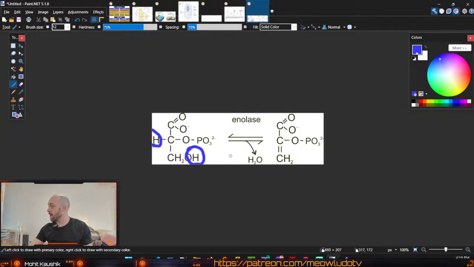We're going to combine them to make that, so that gets chopped off. That stays the same. That stays the same. What changed? The C needs to bond 4 times. That oxygen was actually bound to this carbon, so this carbon's missing a bond now.